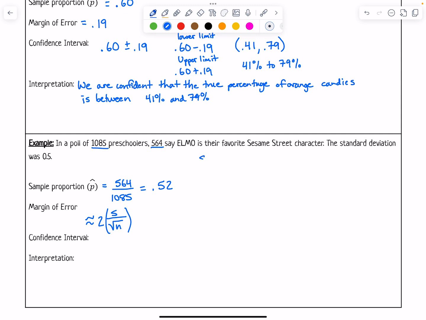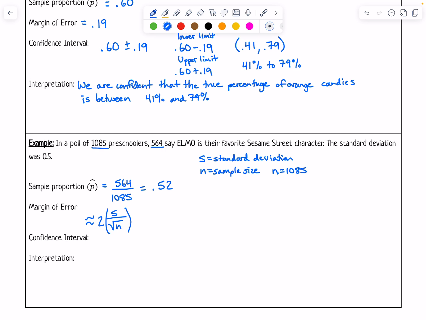S is the standard deviation of our sample, which is usually what we have, because unless they give you the population standard deviation, you don't have that. And N is sample size. It's not how many said yes that Elmo is their favorite. It would be the number that you asked, so in this case, the 1,085 that were polled.